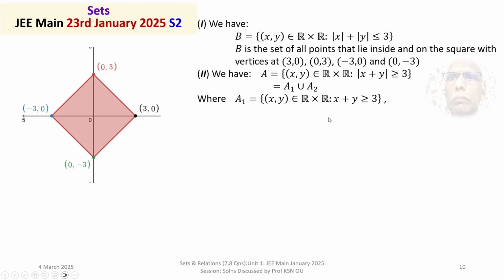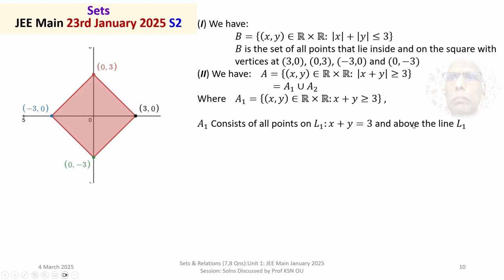So what is this? At one stretch I will talk about this one. So A1 represents the set of all points that lie on this line, x plus y is equal to 3, and above, all points that lie above this line. So A1 consists of all points on L1, x plus y is equal to 3, and above the line L1.